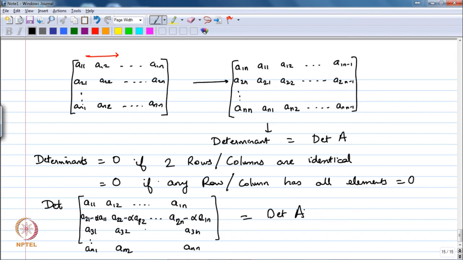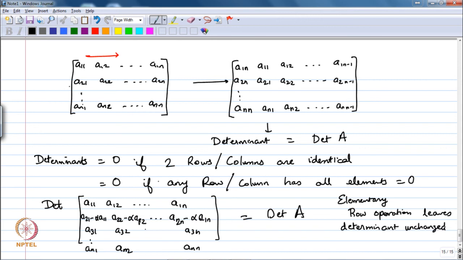Now, what did you do here? You took the second row and subtracted alpha times the first row. So you did what is called an elementary row operation, and you found that this leaves the determinant unchanged.